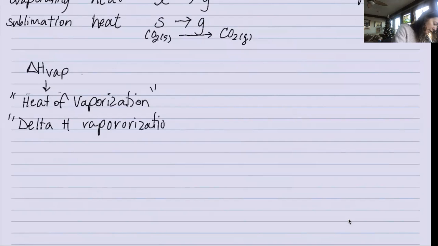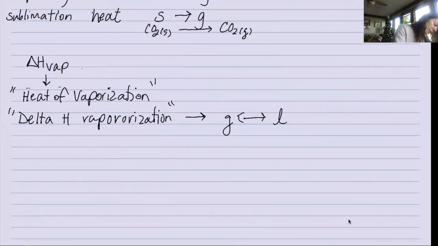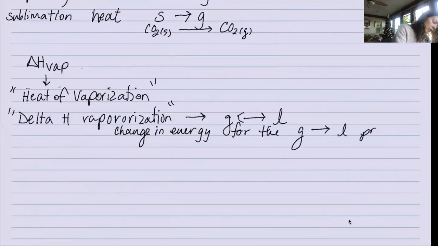Vaporization deals with the gas to the liquid, or in reverse, going from the liquid to the gas. And it would have to do with the change in energy for the gas to liquid process or the liquid to gas process.